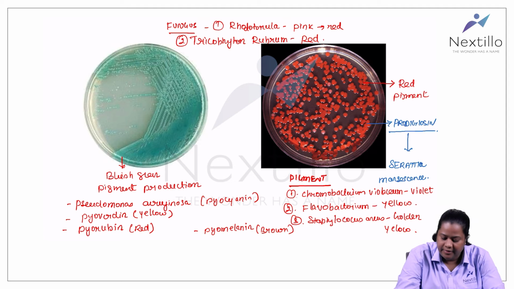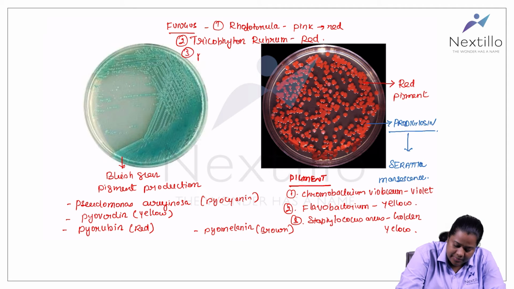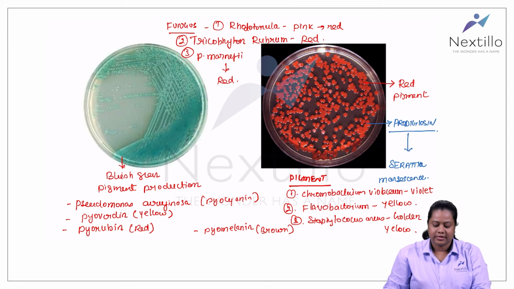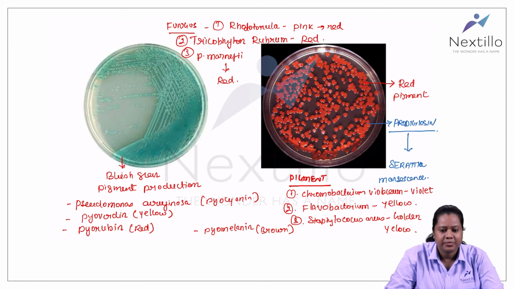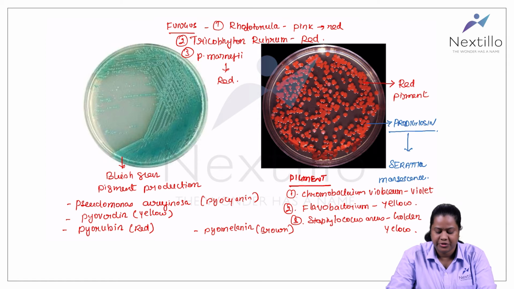And then we have Penicillium marneffei, which also produces a red pigment. So these are some of the important microorganisms that can produce the pigment. Okay, so now we'll move on to the next picture.